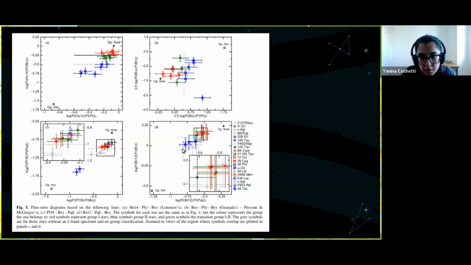Using this, we could classify these green ones. The green ones are those without L-band observations, so we couldn't classify them with Manningham's criteria, and we couldn't put them in these diagrams. We can see that these seem to be closer to the blue ones, so we classify them as group 2. And there is one here in the middle that remains unclassified.